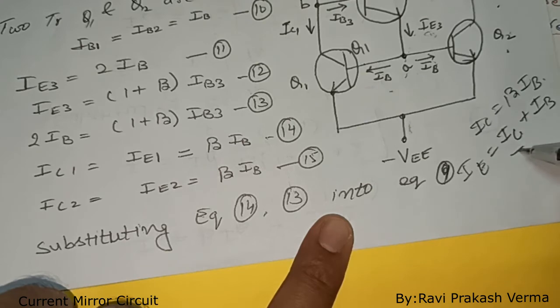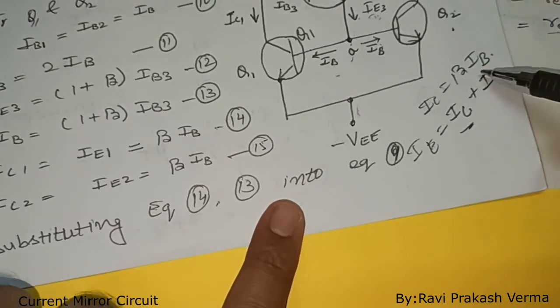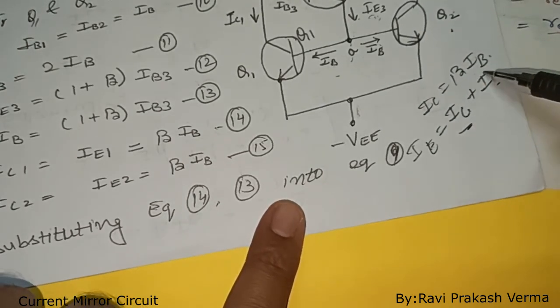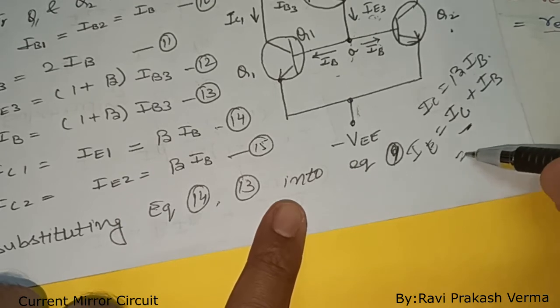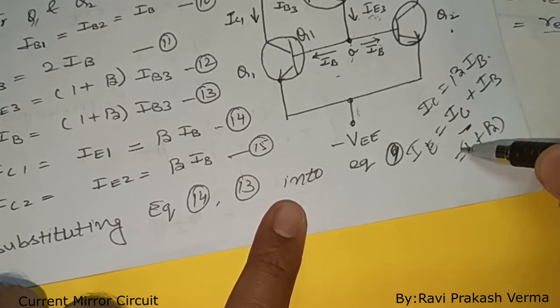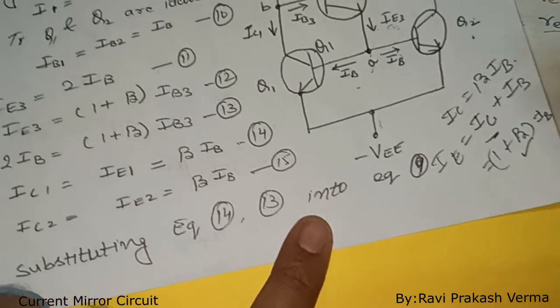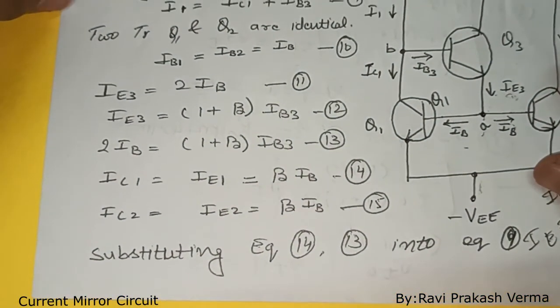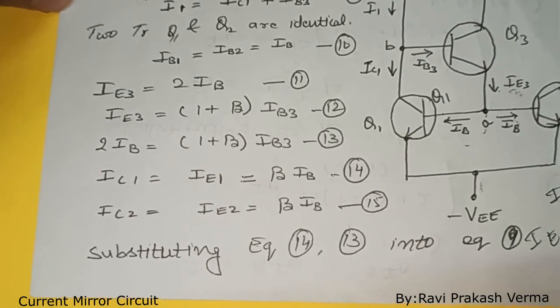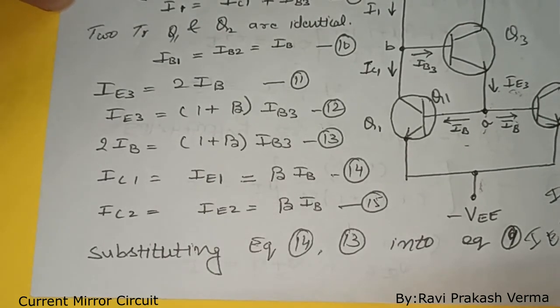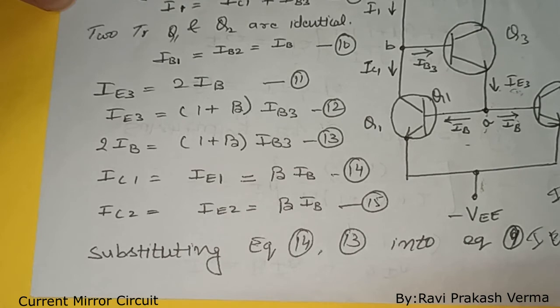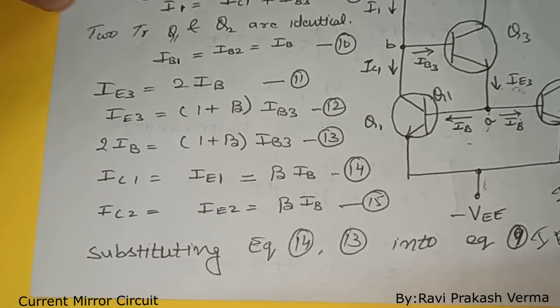In this equation, we put the value of IC equals beta times IB, and taking IB common, it becomes 1 plus beta times IB. From this point, we can get the relation in equation number 12. Then we will put the value of IE3, which is 2 times IB, in equation number 13.